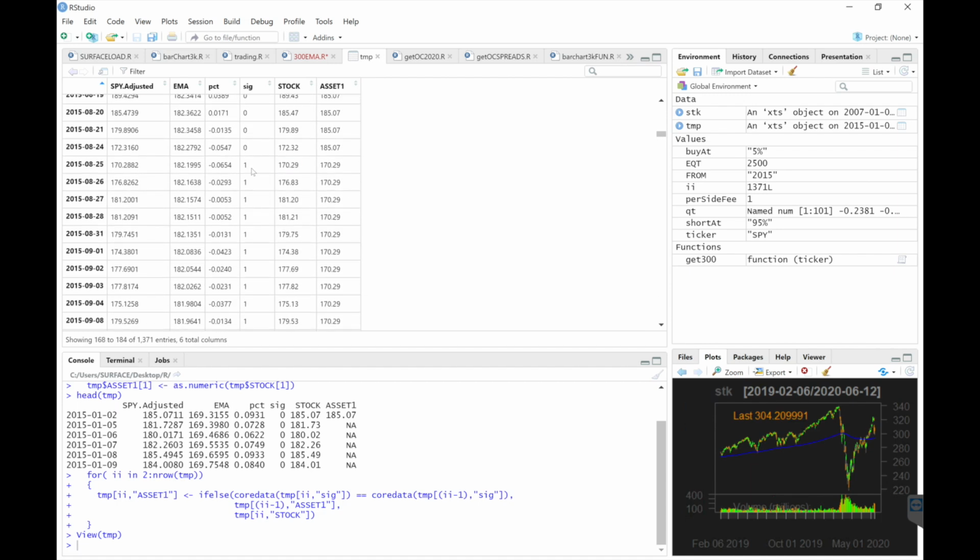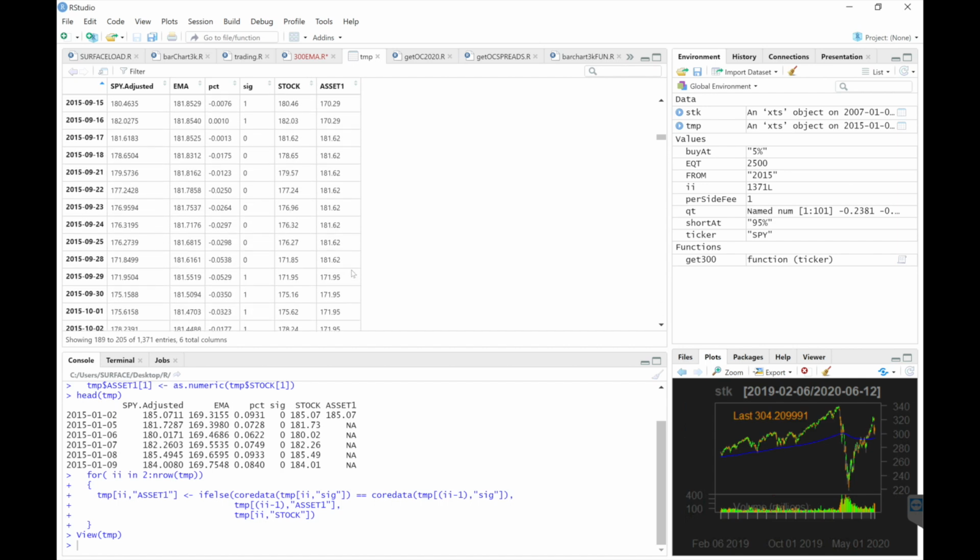So here the signal changed, so it returned the current price for that stock on that day. And it's going to do that every time the signal changes. So here the signal changed again, it returned the latest price. Alright, good.